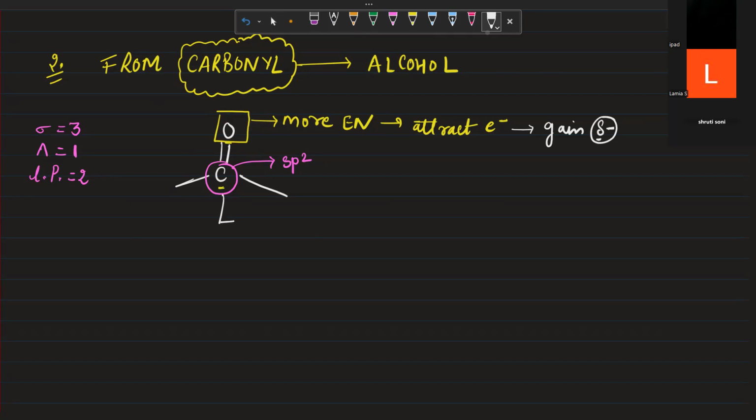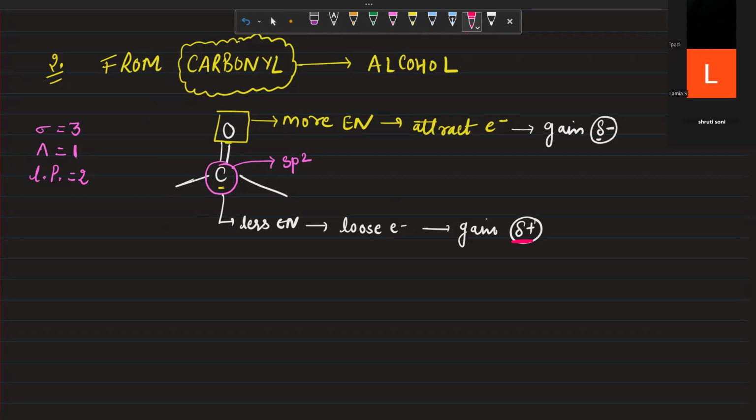Same as oxygen, there is carbon also. Carbon is less electronegative, so it loses electron density. If it loses electrons, then it gains a partial positive charge. Yes or no? So does carbon work as an electrophile or a nucleophile? Carbon has a partial positive charge, so it would be an electrophile. And oxygen behaves as a nucleophile.